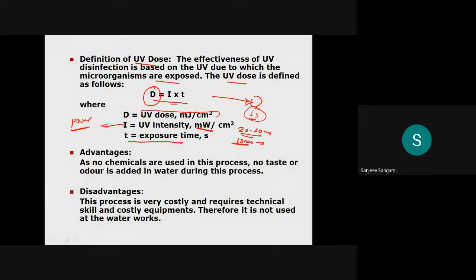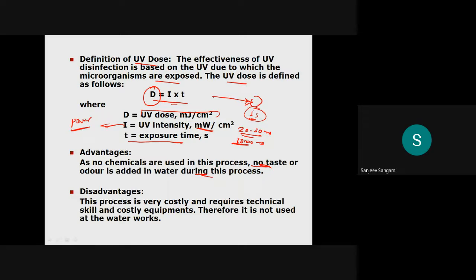Now the advantages: as no chemicals are used in this process, no taste or color is added to the water during this process. Remember this. It is a natural process.